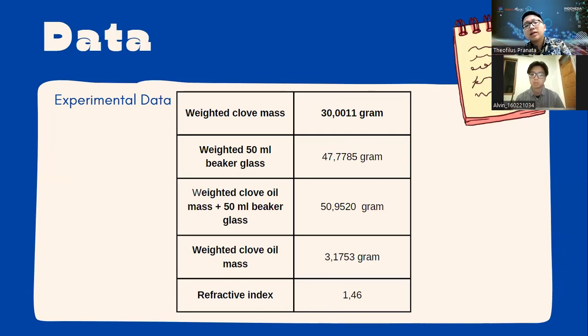Okay, so now we have the data. The data we have is weight, clove mass, and then the beaker glass and clove oil plus beaker glass. That is to find the clove oil mass. And then we have also the refractive index. And then we also will have the data from the TLC.